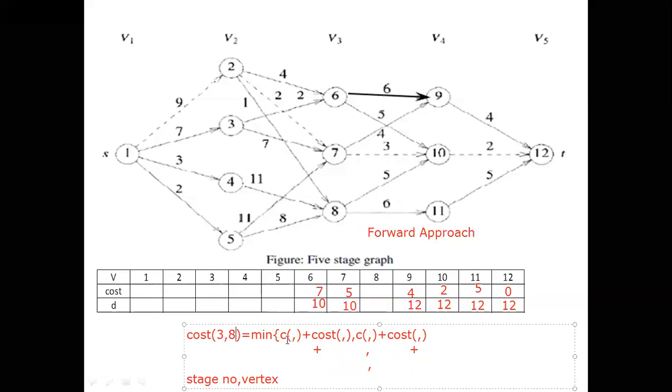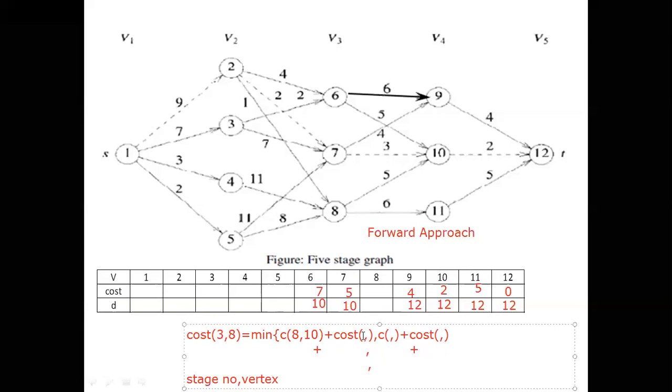First, how to write C of 8, 10, right? C of 8, 10. And cost of which vertex are we there? 10. Already we calculated. Cost of 4, 10. Why 4?